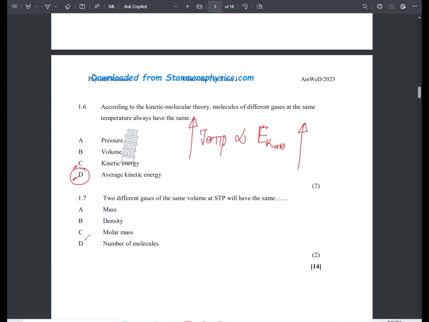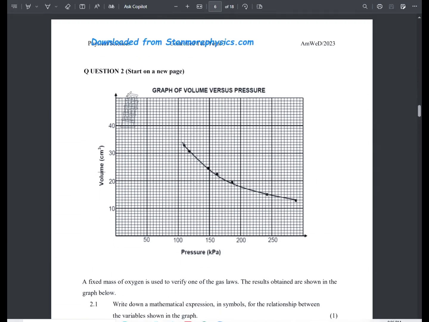I kind of forgot how to actually define that, but if you want to check the definition, it has the same number of molecules. So I'll have to check that one up. Okay, so let's proceed. Then we have question 2.